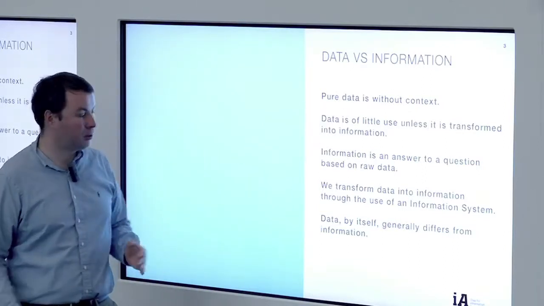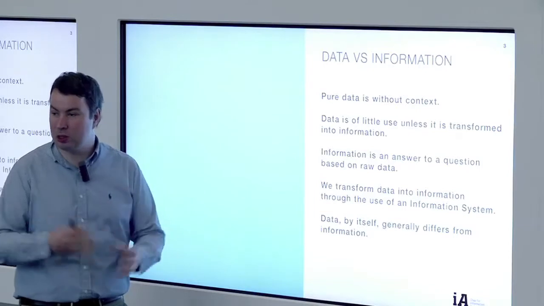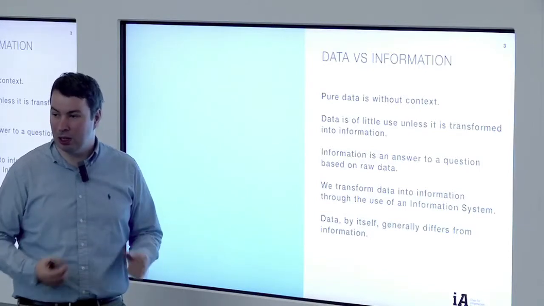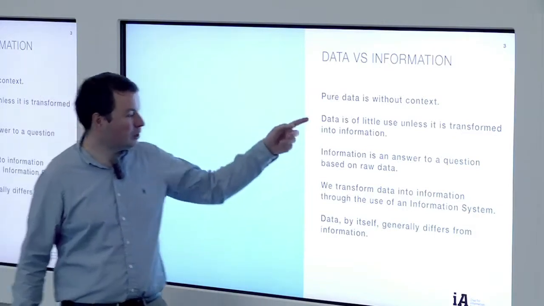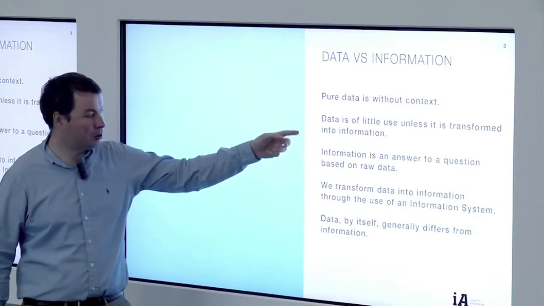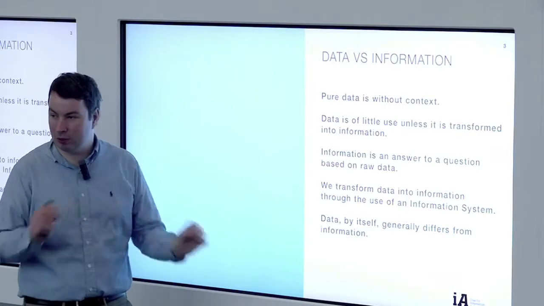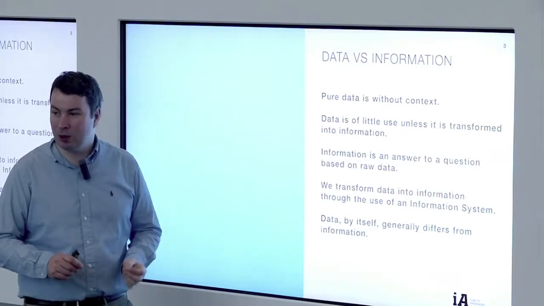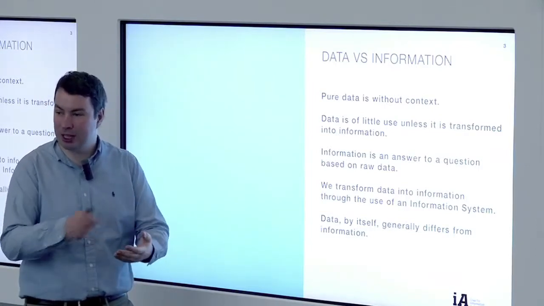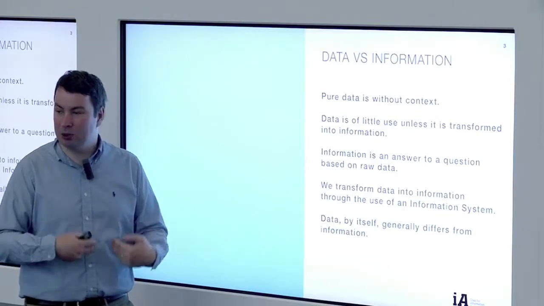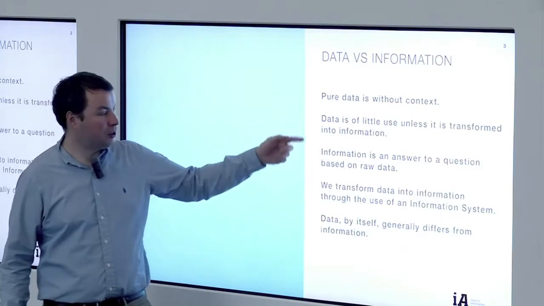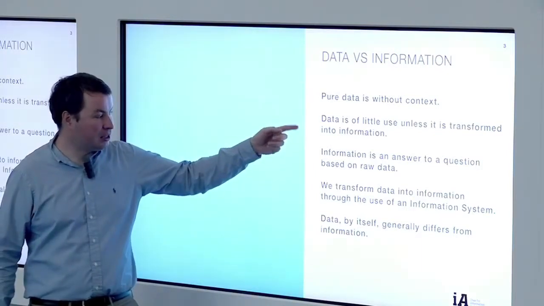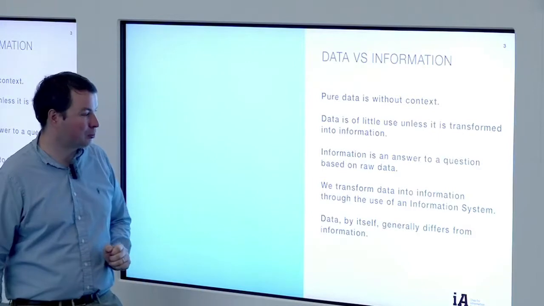Once you know the context, it becomes information. For instance, take a hand sketch of a house: only the people who know how to read your sketch will find out that this is a house, so this has the information. It is very important that data is transformed into information.